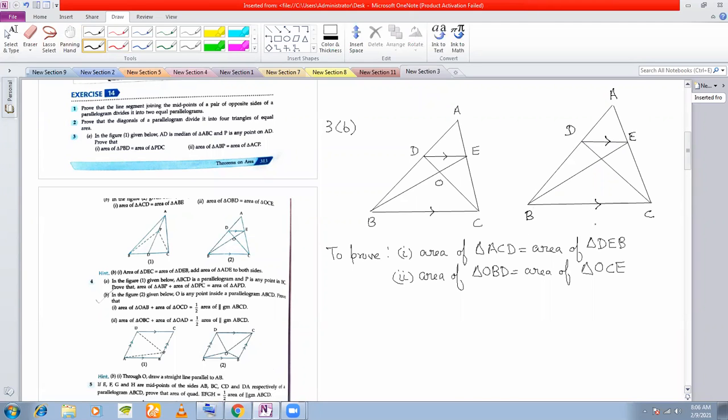So the first question here is, prove that area of triangle ACD is equal to area of triangle ABE. Oh, ACD is equal to ABE. My mistake. This is ABE. Area of triangle ABE.